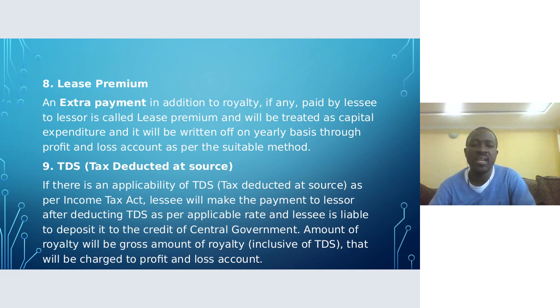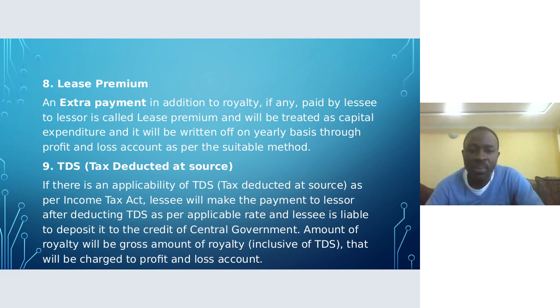The other item is the TDS, or tax deducted at source. Now, if there is an applicability of tax deducted at source as per the income tax, then the lessee will make the payment to the lessor after deducting the tax deducted at source.